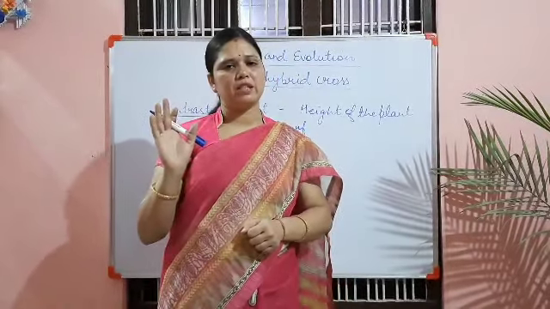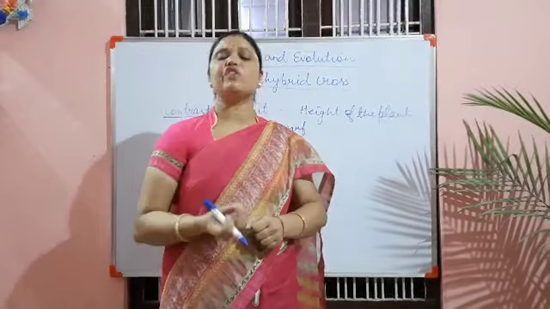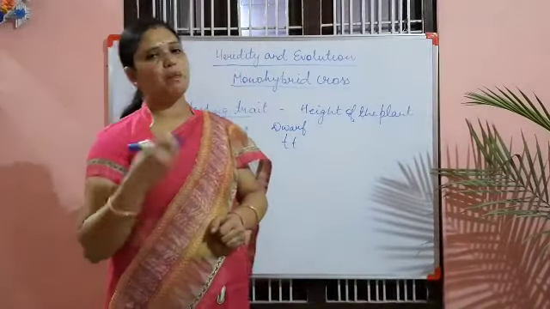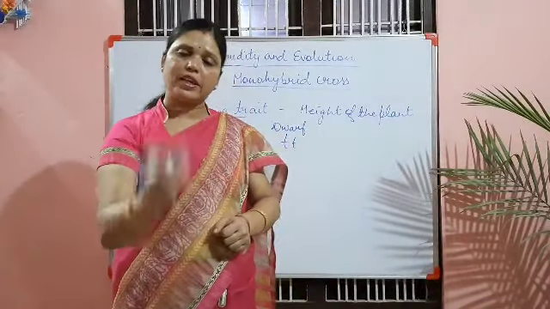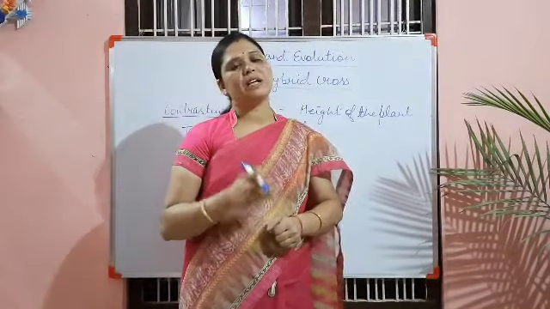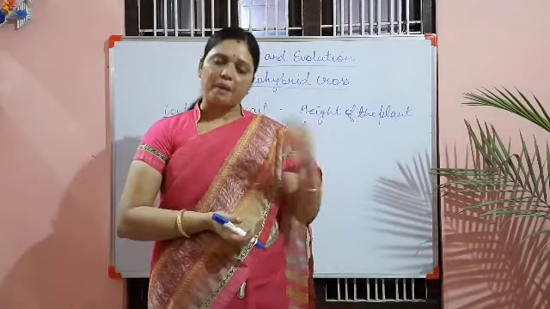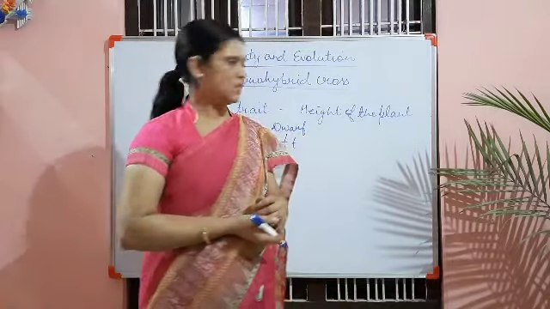Always remember this thing: never change the alphabets. The alphabet which we are using to represent dominant character, the same alphabet we must use to represent recessive character. Only the difference is the capital letters and the small letters.